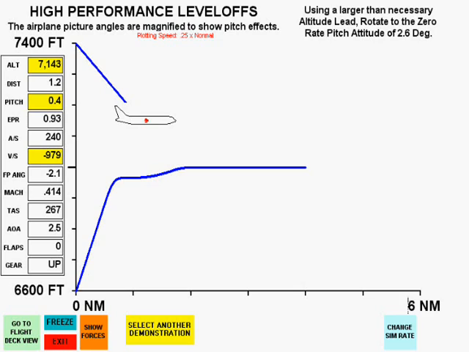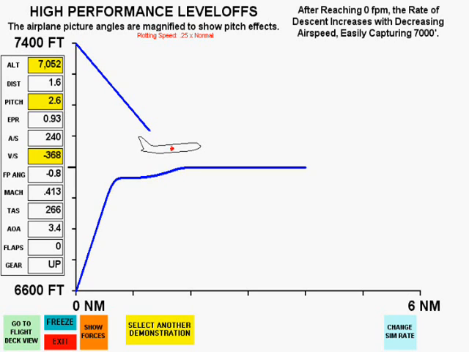Using an early altitude lead, we'll rotate to the zero rate pitch attitude of 2.6 degrees. Notice that the vertical speed approaches zero prior to 7,000 feet.